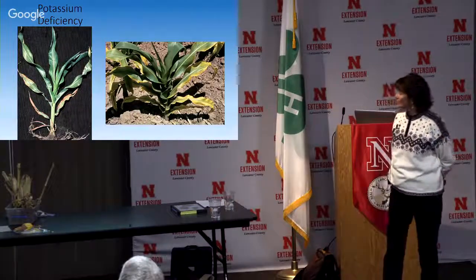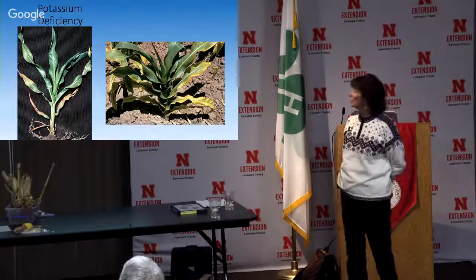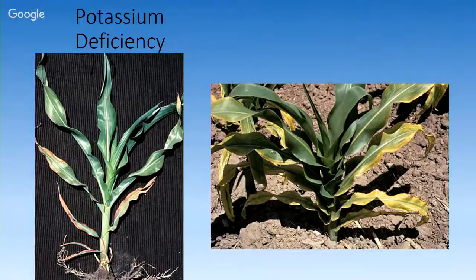Potassium. Potassium, this is a tough one because potassium is highly mobile. It's involved in water relations in the plant. And very often when there are stress symptoms, you'll see potassium deficiency, and it's actually stress due to lack of moisture or irregular moisture application. And it starts in the lower part of the plant. It can be yellowish. It can be brown.